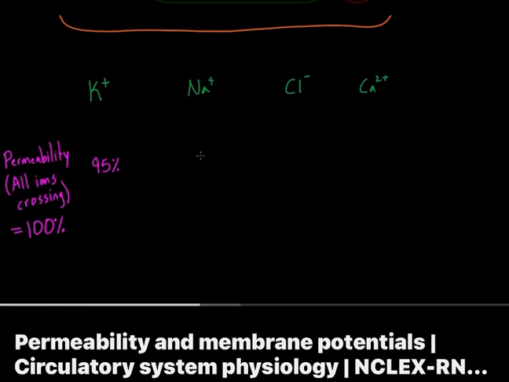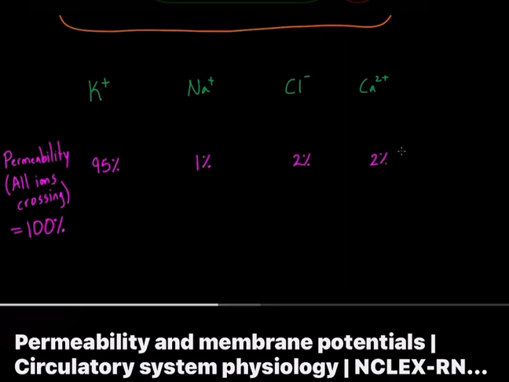So let's say that it's 1% from sodium and 2% from chloride and 2% from calcium. So in this case, I've set it up so that potassium is dominating the permeability, right? And actually, in most cells, that's about right. Potassium is the dominant ion in most cells. In fact, sometimes even more than 95%.